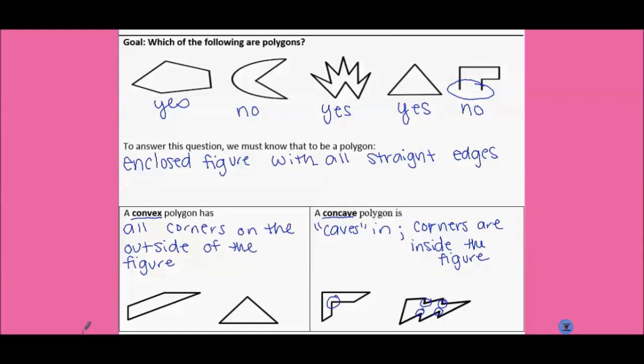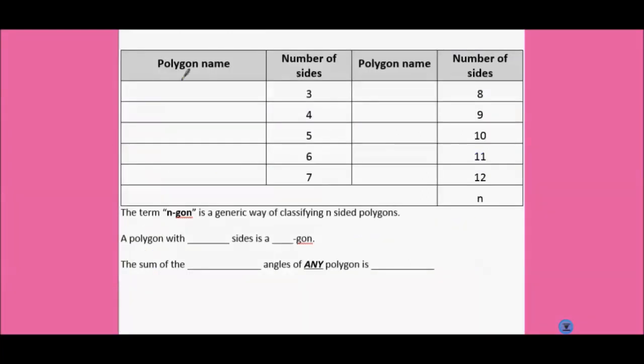Now let's learn the names of some polygons. A polygon with 3 sides, you should already know, is a triangle. A polygon with 4 sides is a quadrilateral. If it has 5 sides, it's a pentagon. 6 sides is a hexagon.